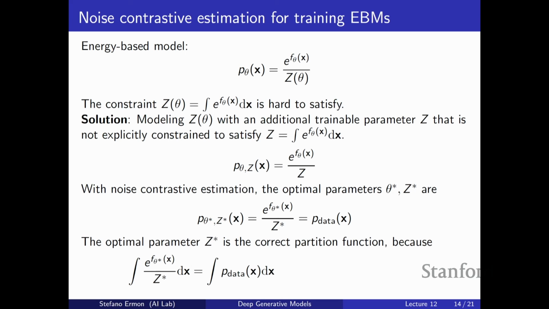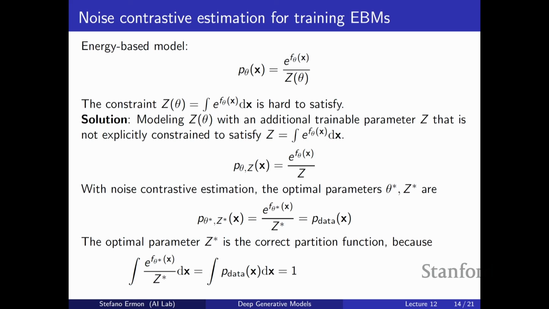It happens to be the correct partition function in the limit, because if you take the integral of both sides with respect to x, you're going to see that the integral of this optimal energy-based model is equal to the integral of the data distribution, which is 1 by definition.